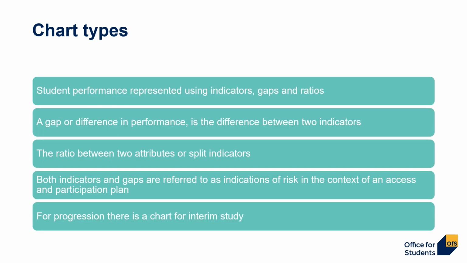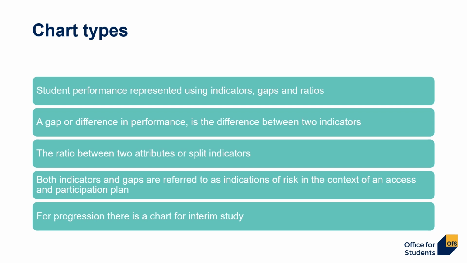Students' performance for each life cycle stage can be represented using indicators, gaps, and ratios. An indicator shows the proportion of students with a particular attribute or outcome. A gap or difference in performance is the difference between 2 indicators in percentage points.